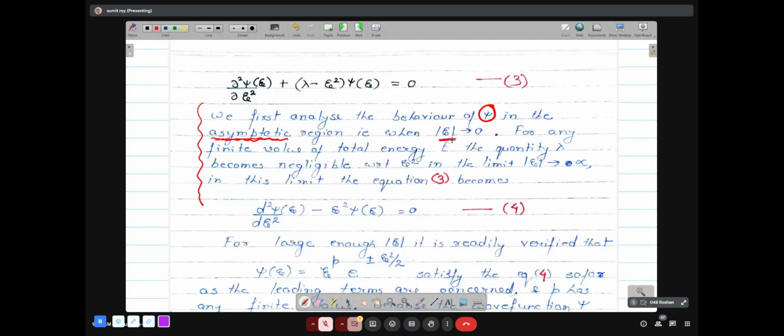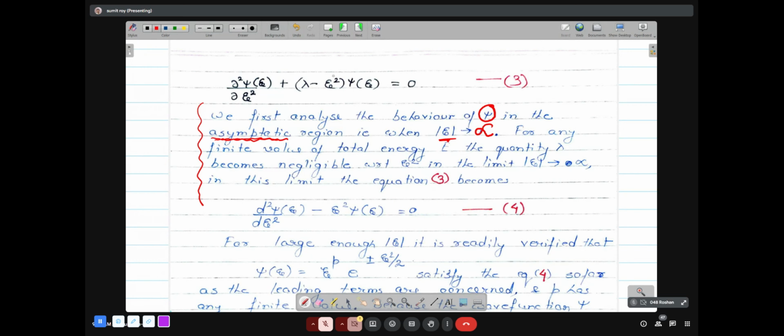That is when zeta tends to, this seems to be written wrong, zeta tends to infinity, right? It will be zeta tending to infinity for any finite value of total energy.